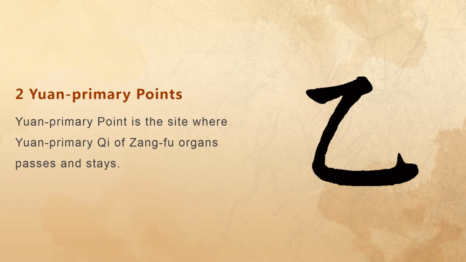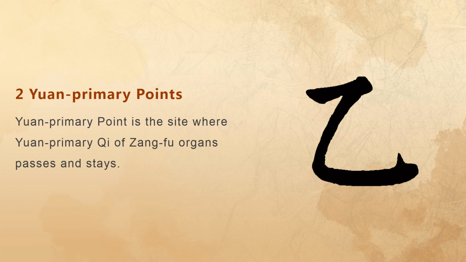Yuan primary points. Yuan means origin, the primary qi. Yuan primary point is the site where Yuan primary qi of Zangfu organs passes and stays. Each of the 12 regular meridians has a Yuan primary point, also termed 12 Yuan primary points.